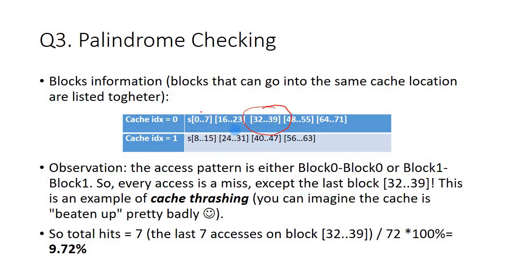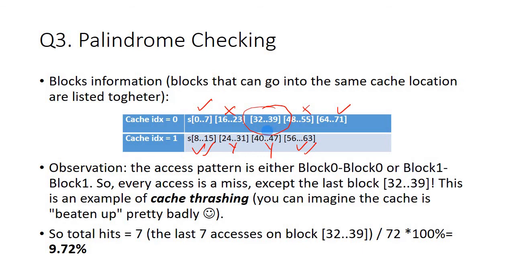You have to remember that this checks with this, this checks with this, and this checks with this. Only this last block here, 32 to 39, is where I don't need to replace the cache line because all the data is within this 8-byte block.